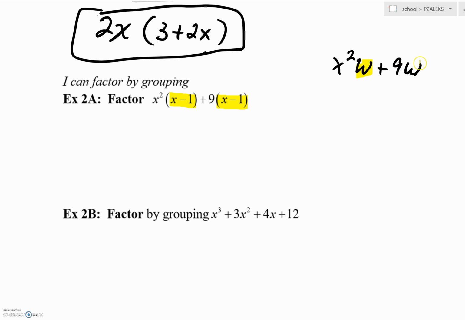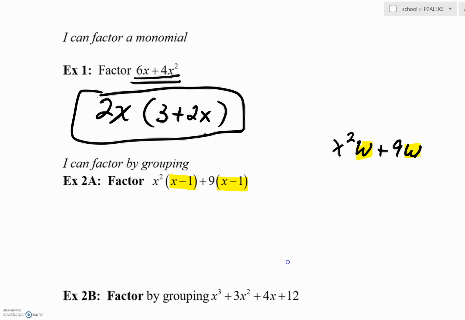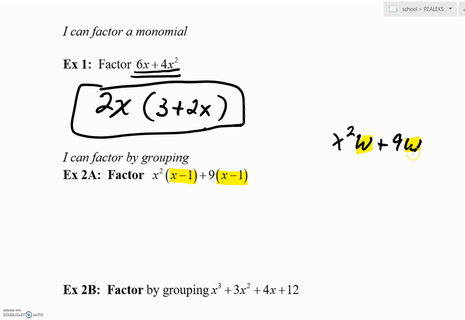But as we're looking right here, if it was just a w, guys, what could I do in regard to what we had just done up above? Couldn't I factor out a w from that? And what would be left? X squared plus 9. You see, here's the thing, guys. Your w is really x minus 1.